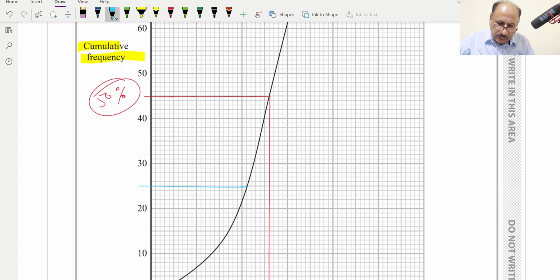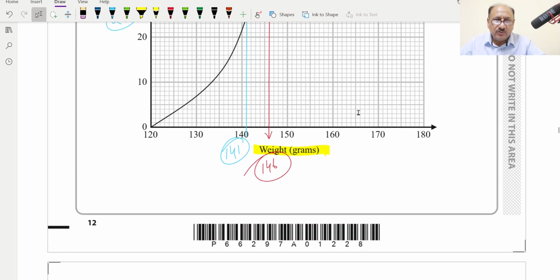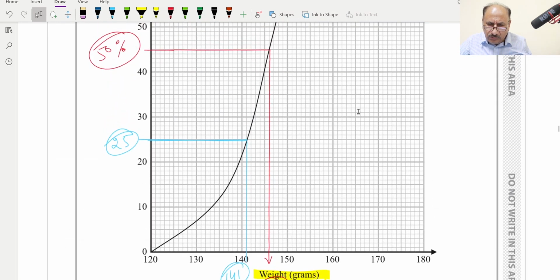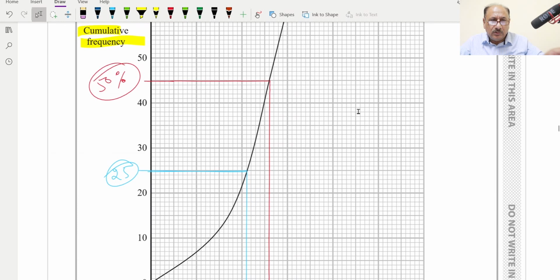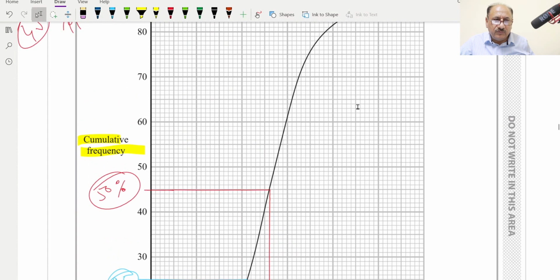But not 25 from here, it should be 25 from the top.